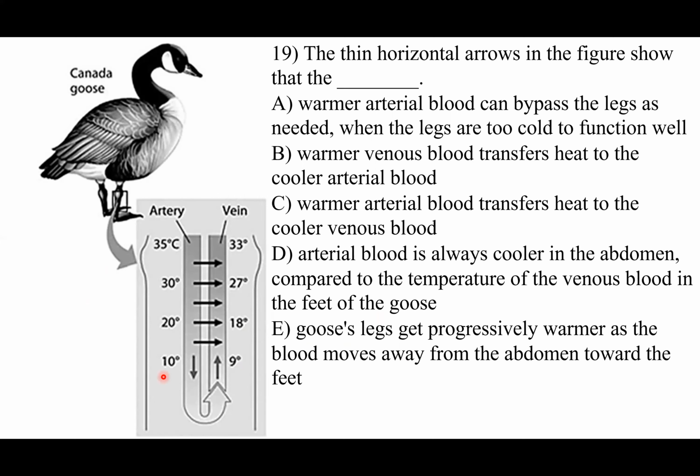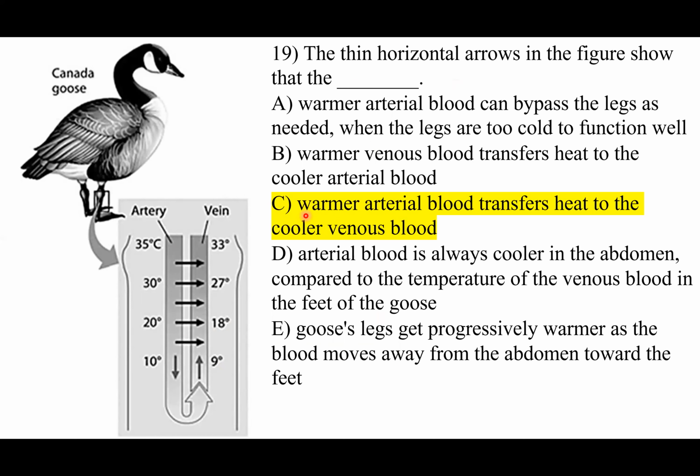So we've got this picture here. The thin horizontal arrows in the figure show that the warmer arterial blood transfers heat to the cooler venous blood. So this concept was when we were talking about, I think it was the example of the whale.